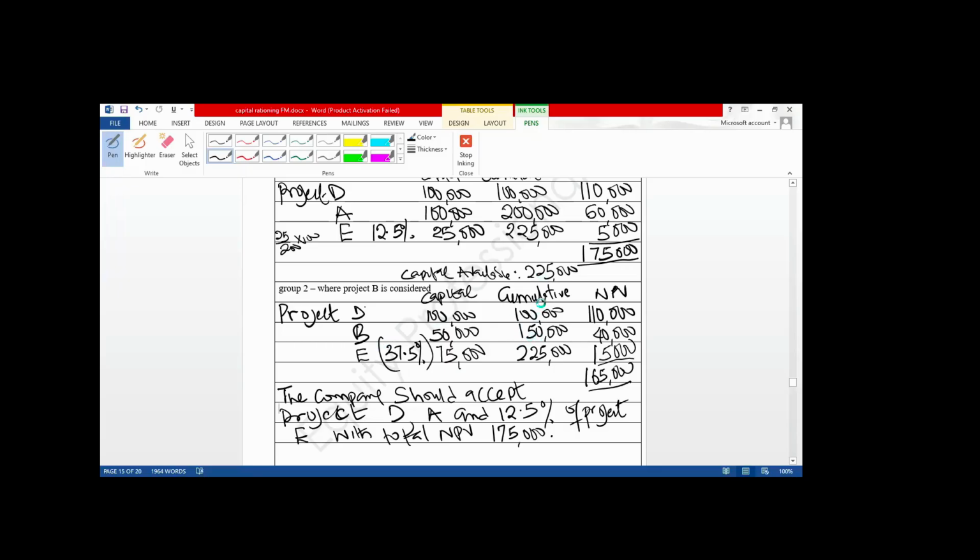Out of 225, less 150, you are left with 75,000. Project E will cost you 200,000. Please calculate the percentage. That is how you get the percentage, the fraction.